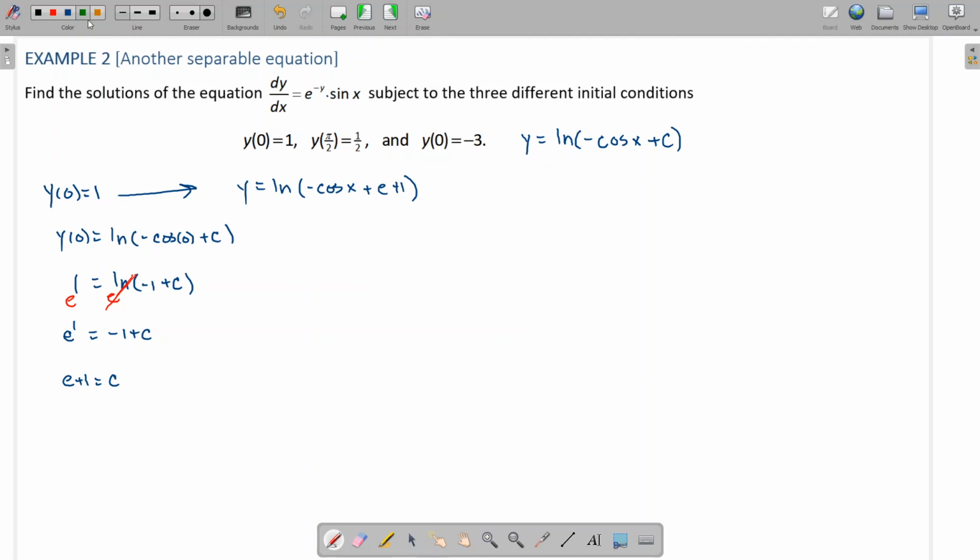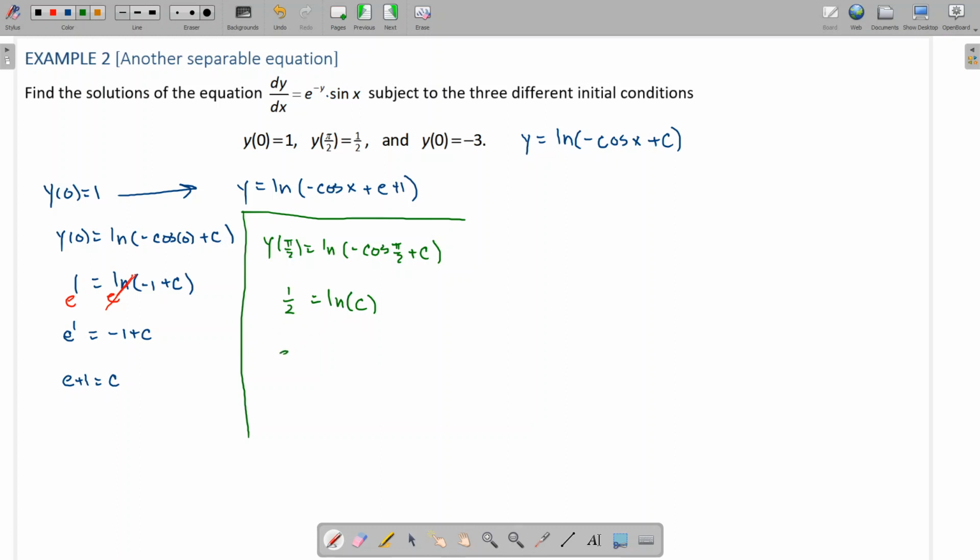Okay, let's try the next one. Put that in here. So we have y of pi over 2 equals, plug pi over 2 into that, ln of negative cosine pi over 2 plus the constant c. And this time cosine of pi over 2 is going to be 0, so we would just end up with ln of c there, but we're supposed to get out 1/2.